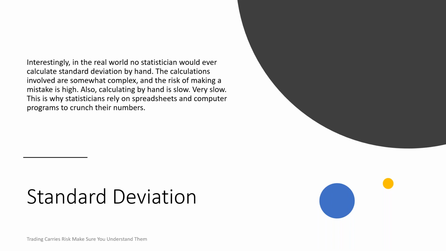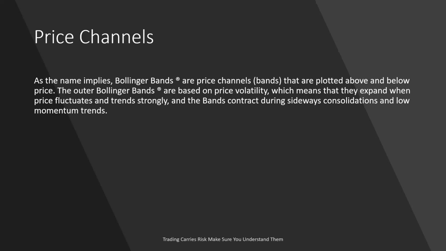Now, standard deviation is a big mathematical word. And interesting enough, in the real world, no statistician would ever calculate standard deviation by hand. The calculations involved are somewhat complex, and the risk of making a mistake is high. So even a mathematician isn't going to calculate this. So we use computers, and they just drop the bands on the chart for us.